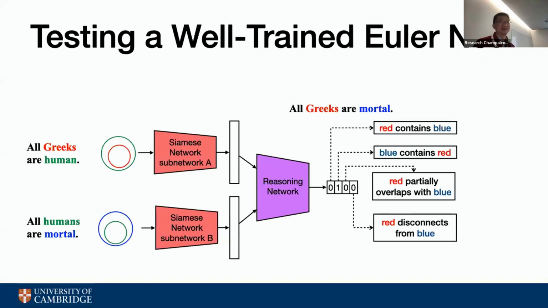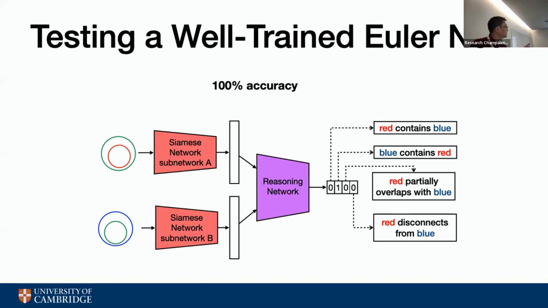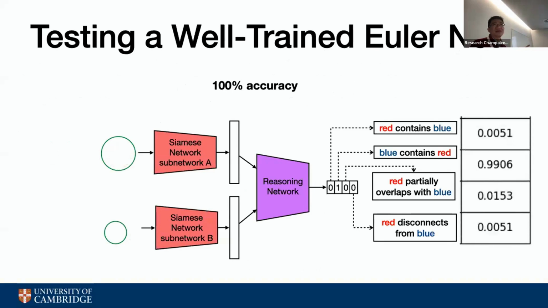Actually, using the benchmark, yes. This network reaches 100% accuracy. However, if there is a situation where we only feed a single green circle, the network also outputs "blue contains red". What happened?